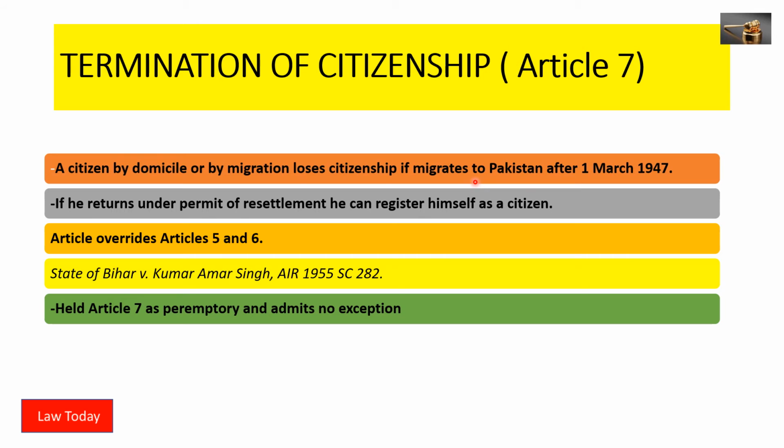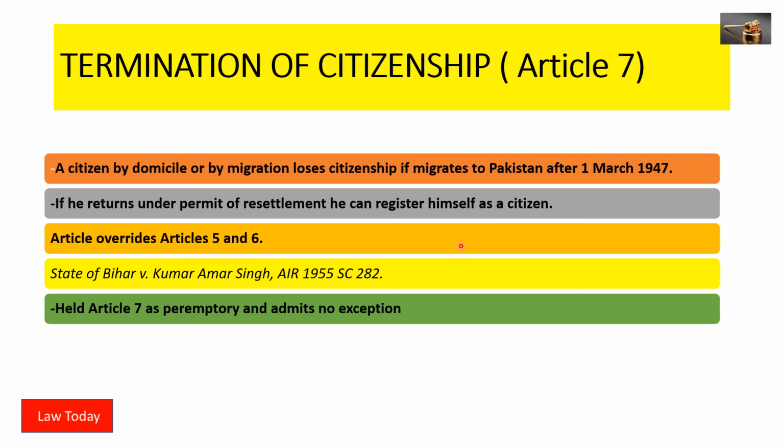If he, however, after migration to Pakistan returned under a permit of resettlement or permanent return, he can register as a citizen of India in the same manner as a person migrating from Pakistan after July 19, 1948.